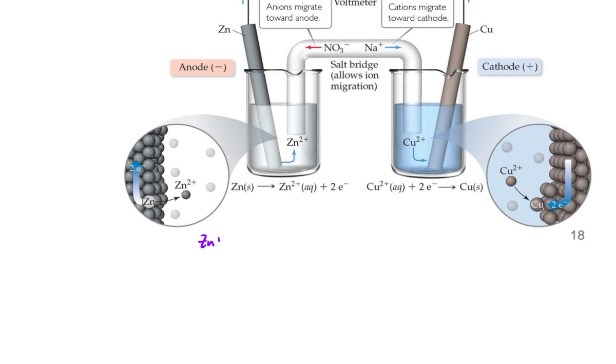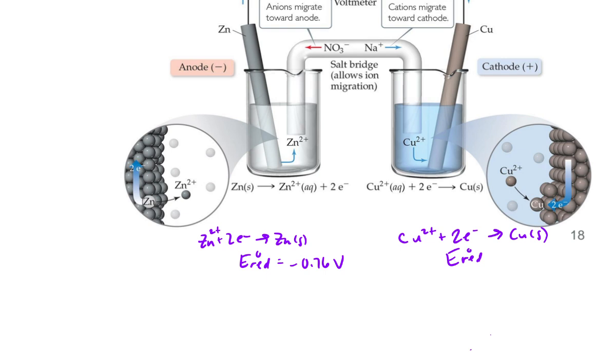Again, the Zn2+ plus 2 electrons forming zinc solid has a reduction potential of negative 0.76 volts. The Cu2+ plus 2 electrons forming copper solid has a reduction potential of 0.34 volts, okay, a positive value.